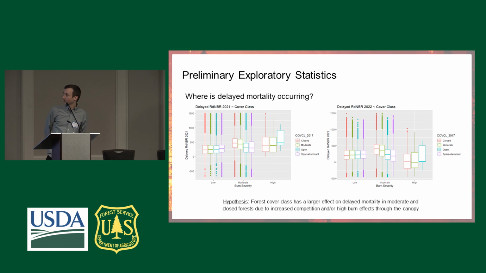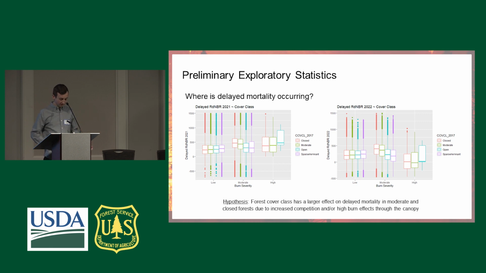If we're looking at cover class, in the low burn severity there's not a lot of difference between the closed, moderate, open, and sparse cover classes. But in the moderate burn severity, the closed and moderate cover classes are showing higher delayed RD-MBR values in 2021.